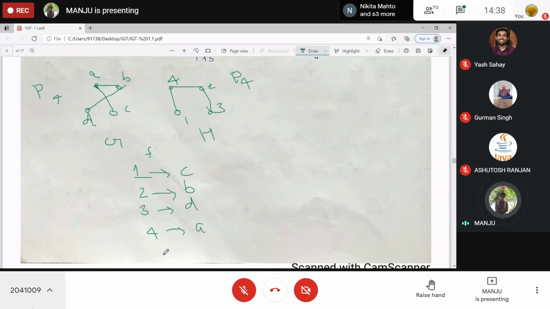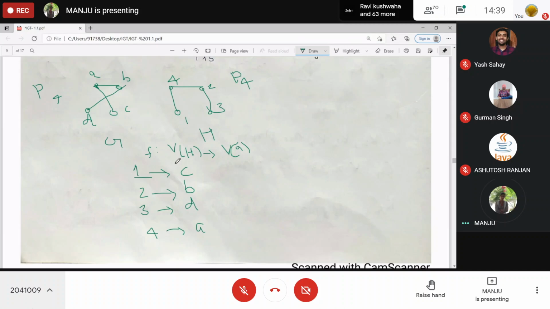From where to where have you defined it? What are these, 1, 2, 3, 4 for this graph? Vertices. So from the vertex set of this H graph to the vertex set of the G graph. Or you can also define it from G to H, that will be VG to VH.